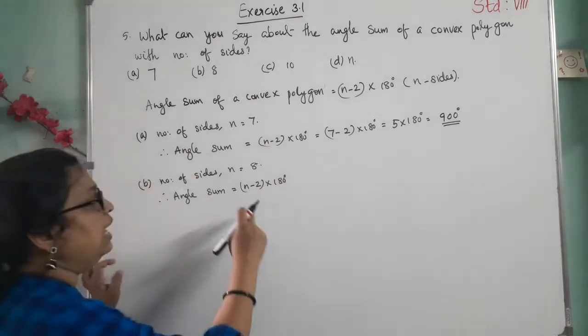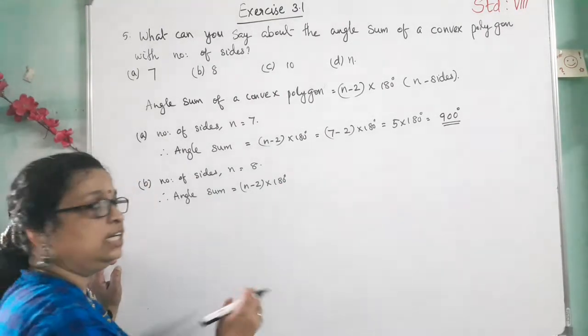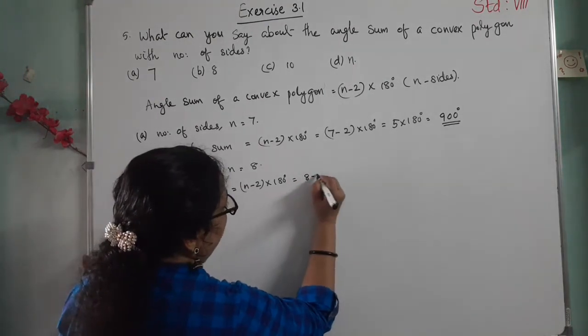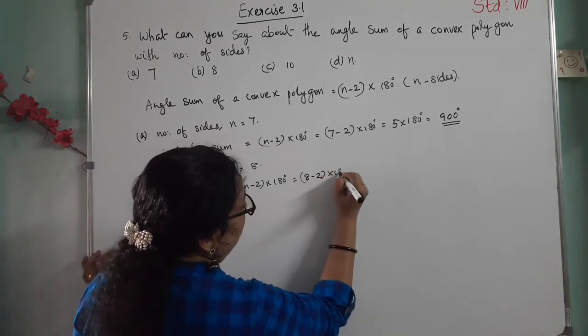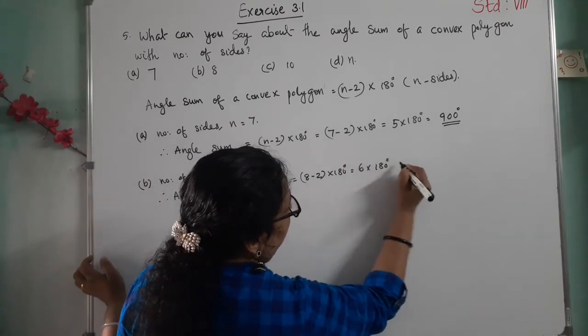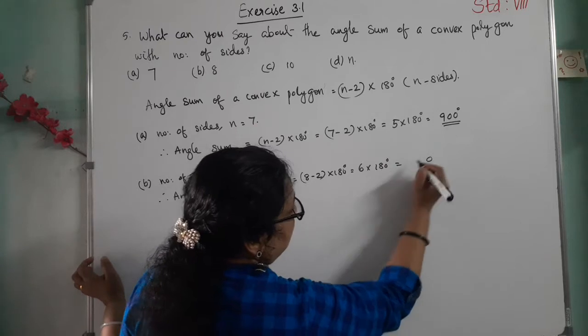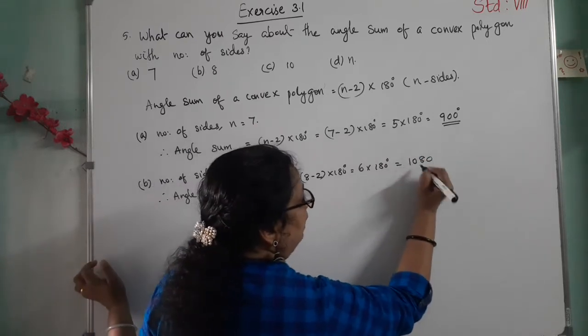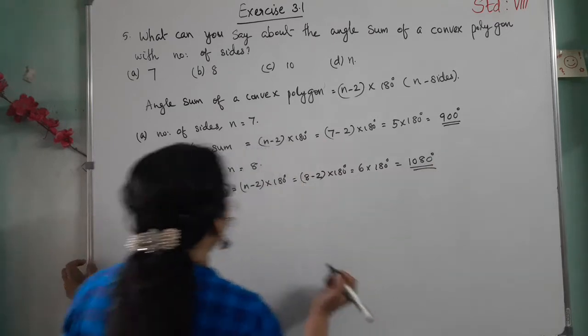Whenever you find out the angle sum, first you write the equation and substitute. Here n is 8, so (8 minus 2) into 180 degrees. 8 minus 2 is 6, 6 into 180 degrees: 6 8s are 48, 4 carrying; 6 into 1, 6, plus 4, 10. That is 1080 degrees.